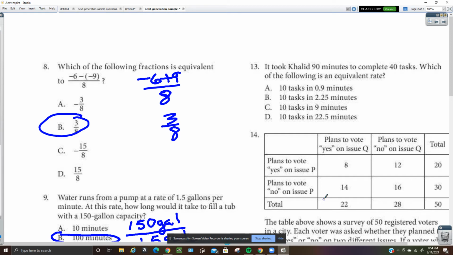It took Khalid 90 minutes to complete 40 tasks. Which of the following is an equivalent rate?